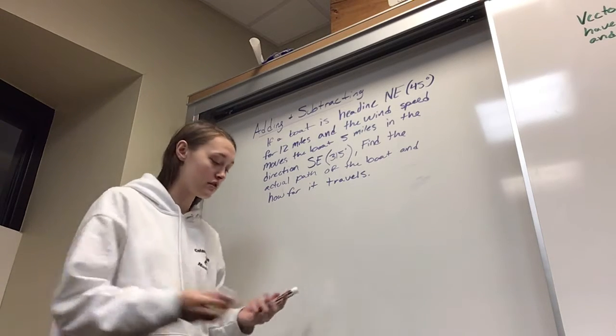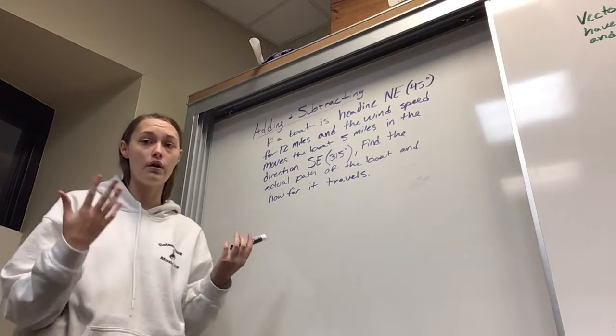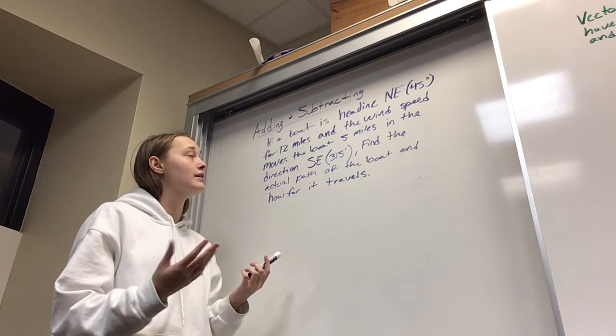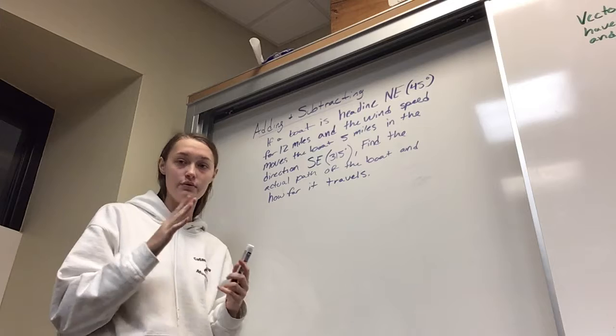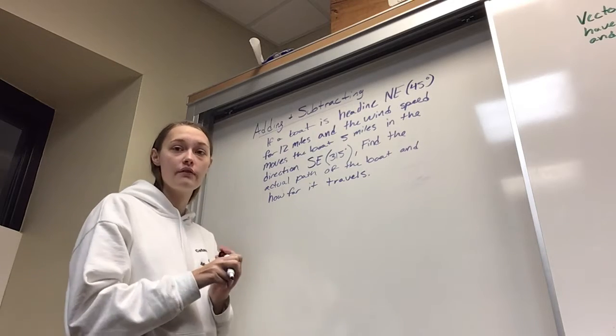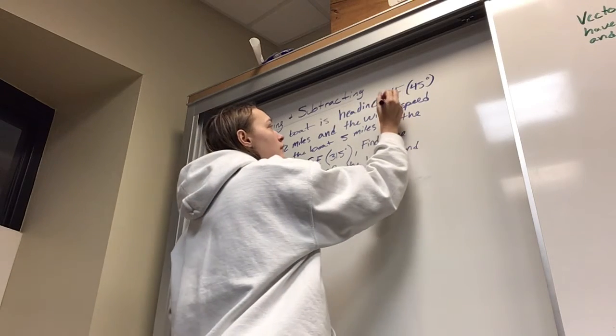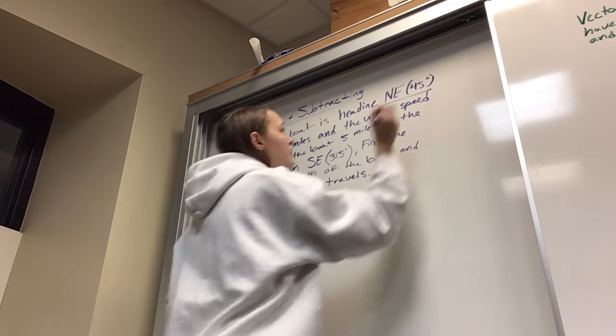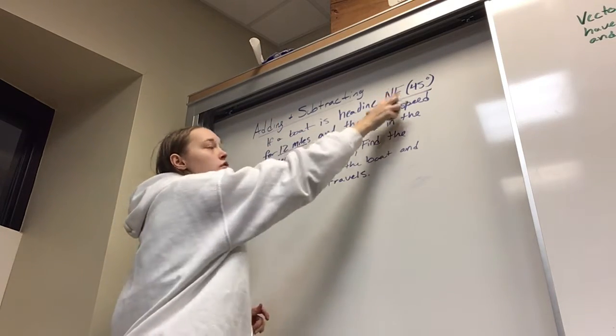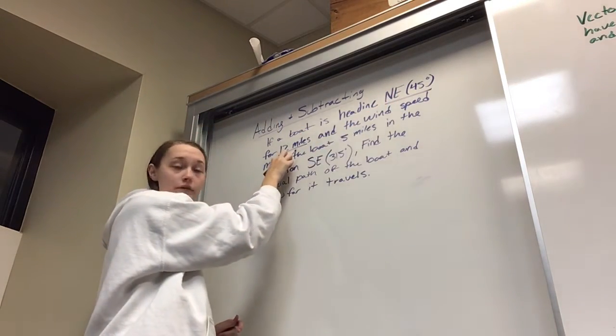So the best way to start this problem is to figure out what our vectors are. And we have to figure out the direction and the magnitude of each vector. So first off, in the problem, we can see the boat is moving northeast for 12 miles. Northeast is our direction, 12 is our magnitude.